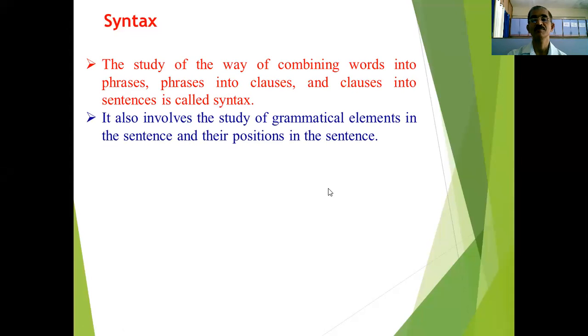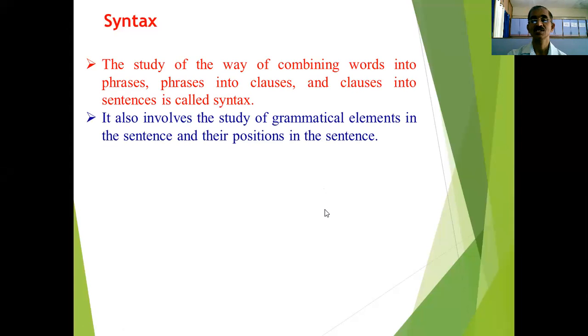Whenever we combine words, they become phrases; when we combine phrases, they become clauses; and when we combine clauses, they become sentences. In this way we have the definition: the study of the way of combining words into phrases, phrases into clauses and clauses into sentences is called syntax.